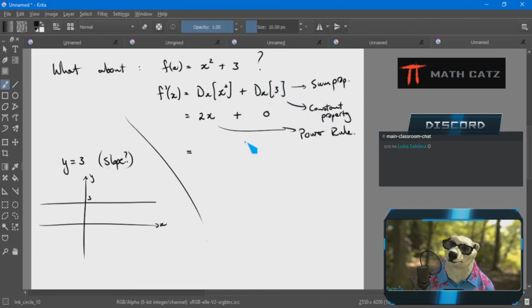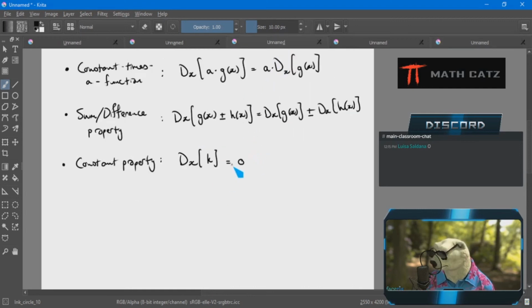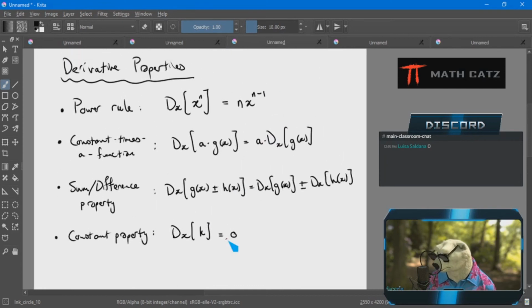I now have a constant property that handles that, and I can simplify it and be done. So all of these guys come together, and it's very important that I know what I'm using and when I'm using it, when I'm not ready to use it, what I need to do first, the sequence of properties that are being applied. That will help me to avoid mistakes.